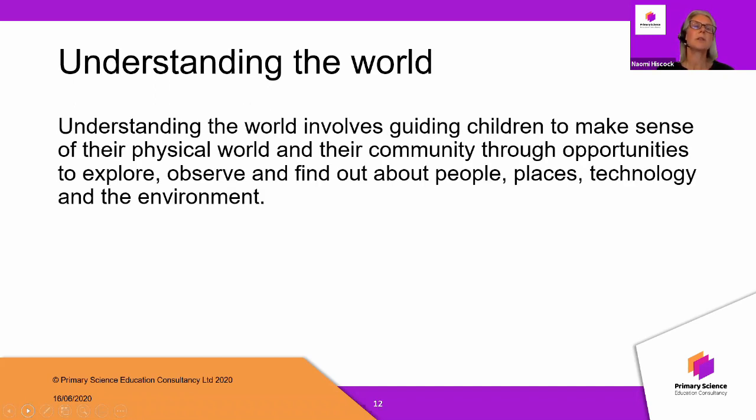And within understanding the world, that's the statement. I'll just let you read that. And there are 2 science words that jump out at you there, explore and observe. So you can see where the science is starting to come in now.